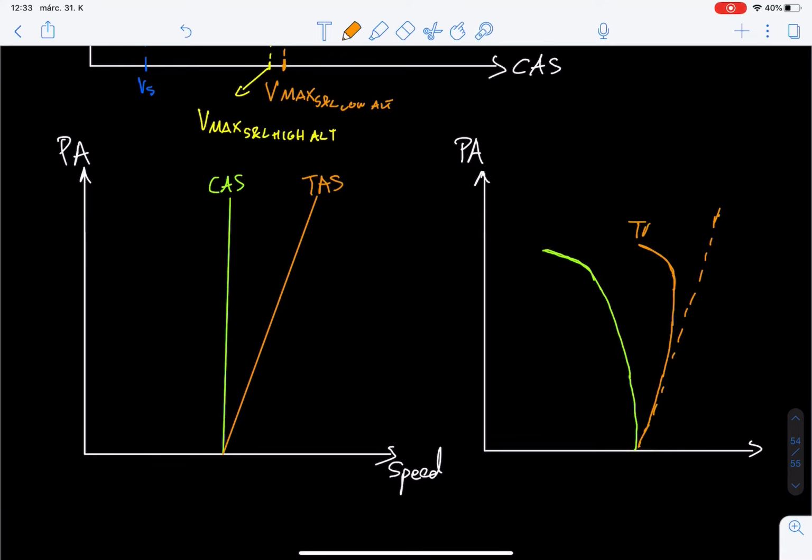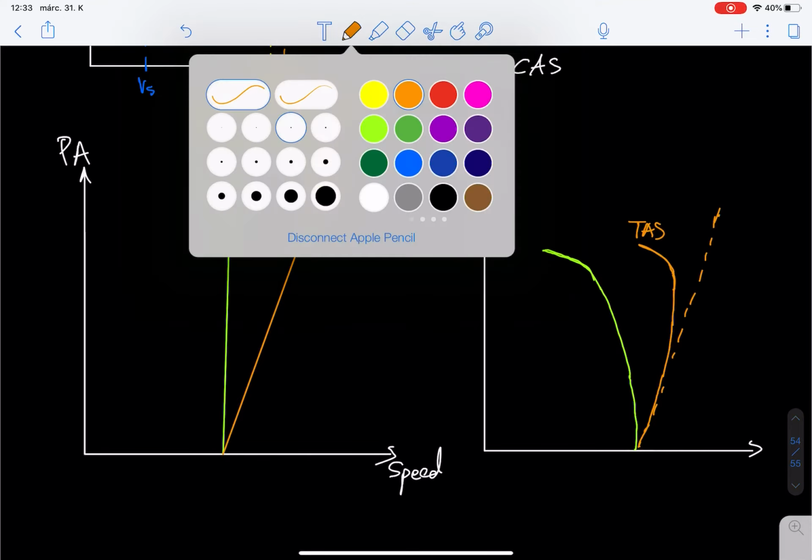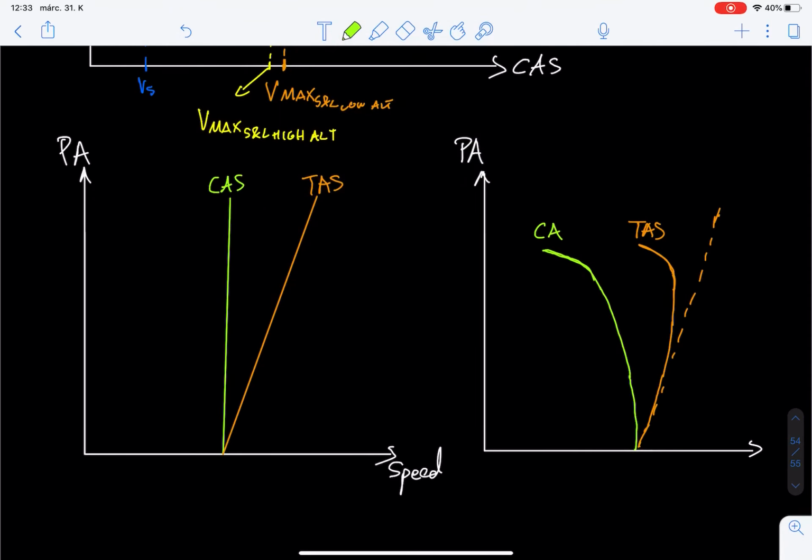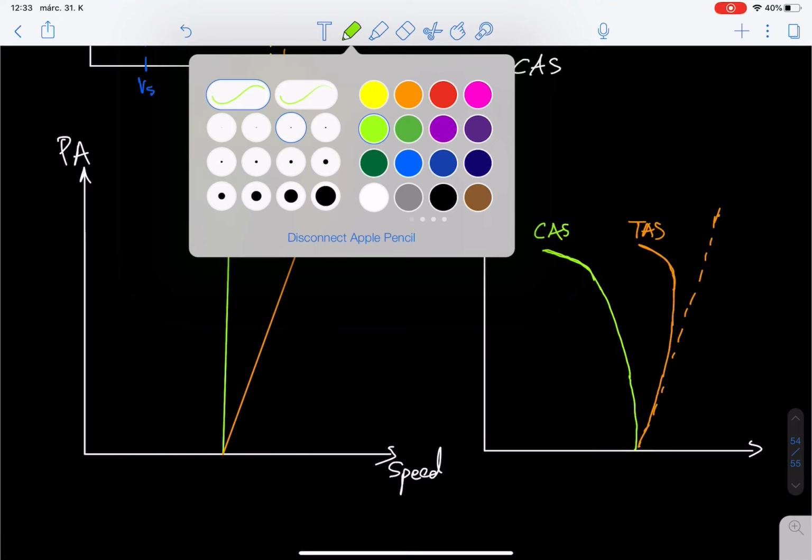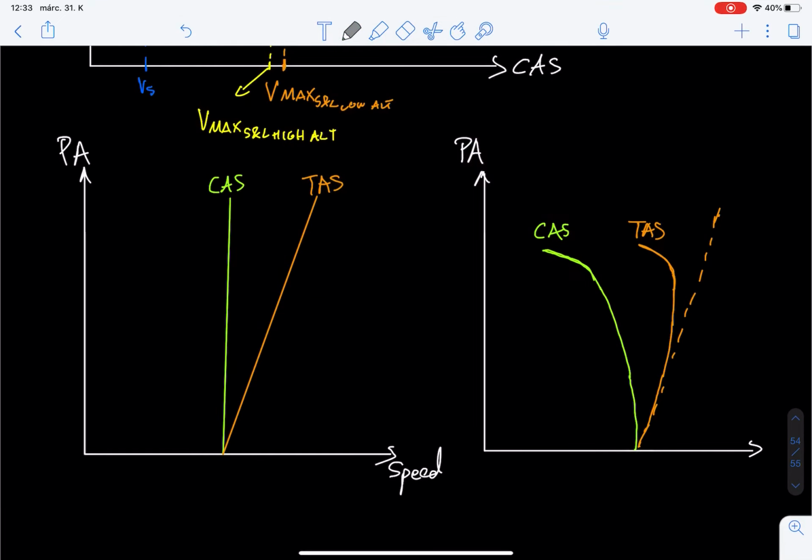So this would be your true airspeed, and this would be your calibrated airspeed. So there's a point on the curve where you actually reach the maximum, the Vmax straight and level true airspeed.